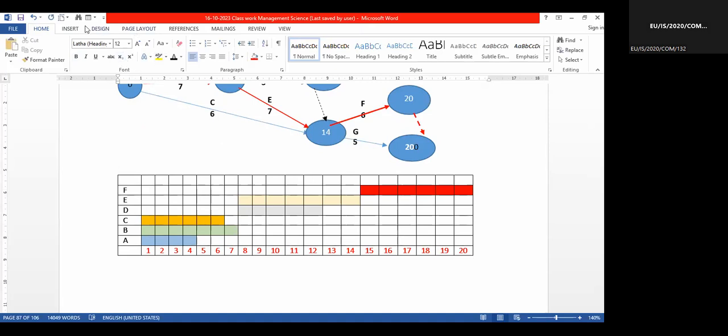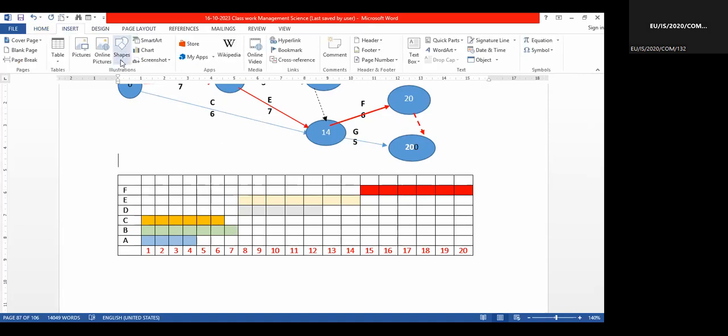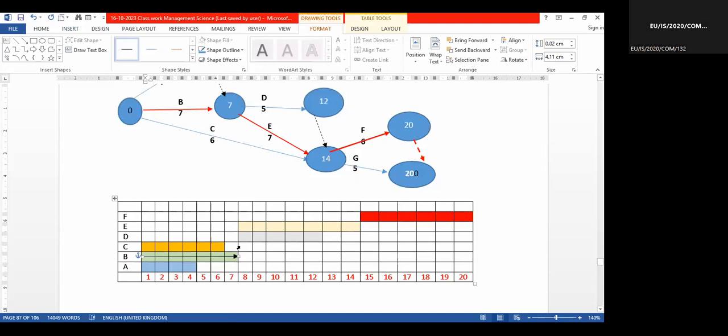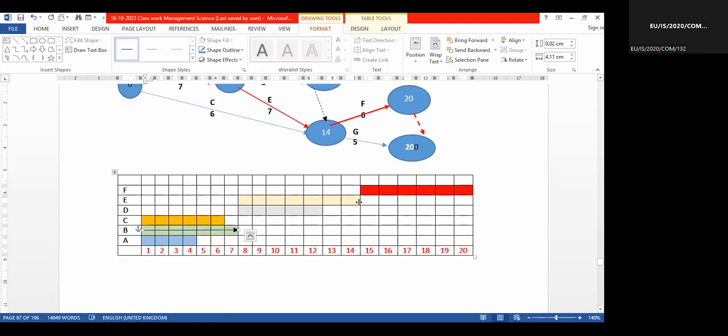You see that the critical path is D. Right? Straight away then E, this one. Okay. E, then from E to F. E to F. Okay, you see how it's moving.